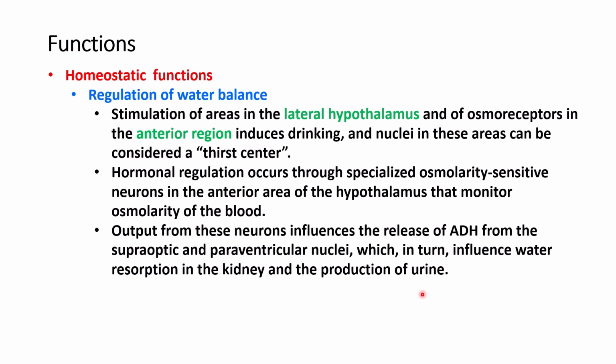Once the osmolarity goes high, these centers are activated and ADH is released from the supraoptic and paraventricular nuclei, especially supraoptic. It will cause reabsorption of water from the kidney and from the intestine, and also concentration of urine, so there is a decrease in urine production. That way the blood pressure goes up, the blood volume goes up, and the thirst will decrease.